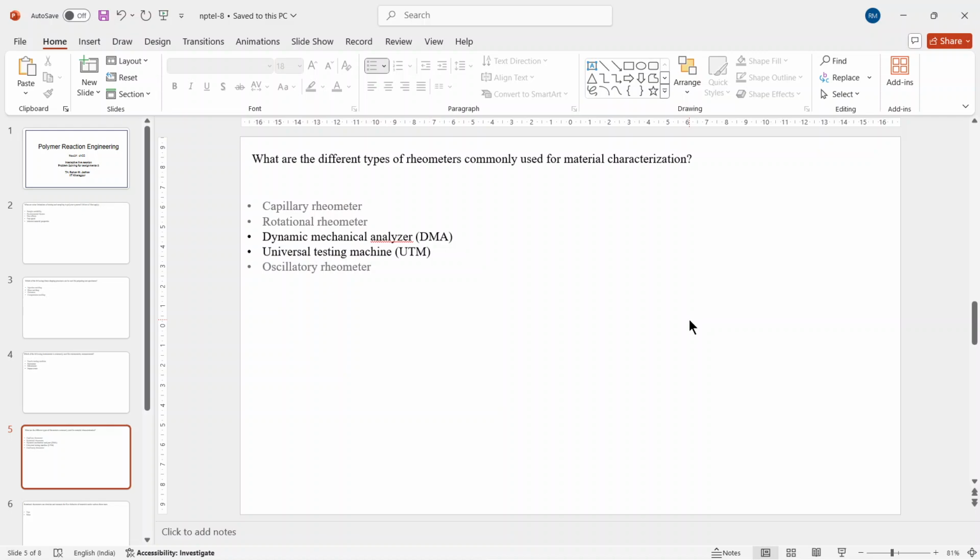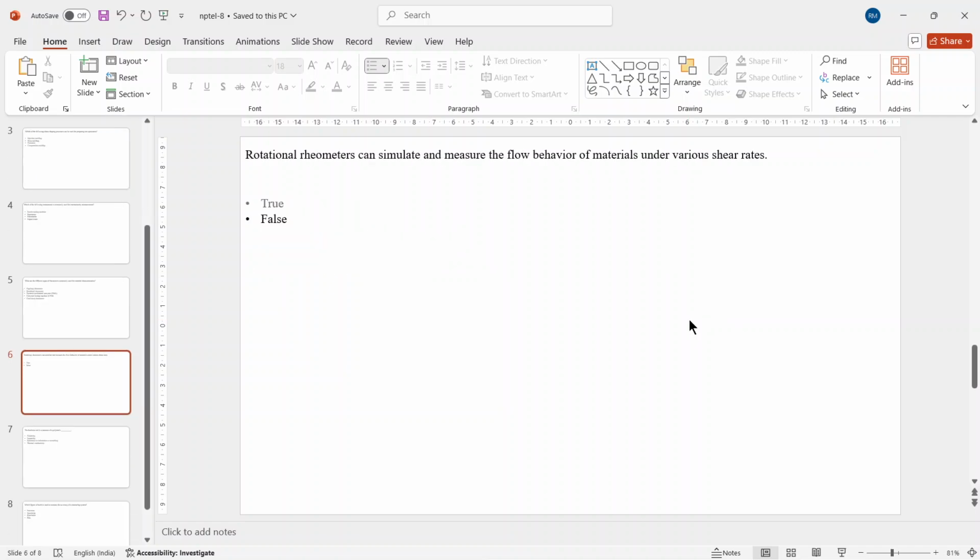So the oscillatory rheometers create time dependent frequency deformation in the polymer itself, which helps in the measurement of the viscoelastic properties. So these three rheometers, capillary, rotational, and oscillatory rheometers, are used for material characterization of the polymer samples. So these three are the correct answer.